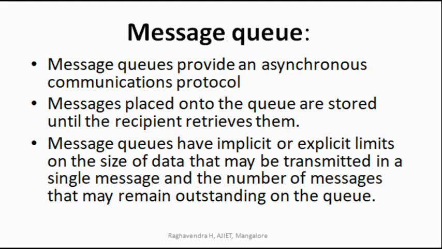Such a queue exists for the purpose of that system only. Other implementations allow the passing of messages between different systems, potentially connecting multiple applications and multiple operating systems. These message queue systems typically provide enhanced resilience functionality to ensure that messages do not get lost in the event of system failure.